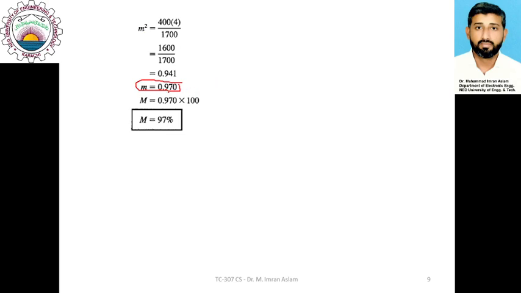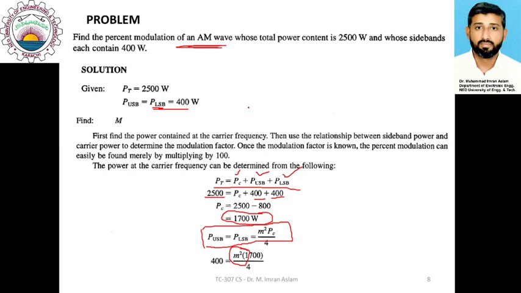And if you multiply this modulation index by 100 to get the percentage, we get 97% modulation index or percentage modulation in this particular case. So this concludes our discussion related to the power in the AM signal.